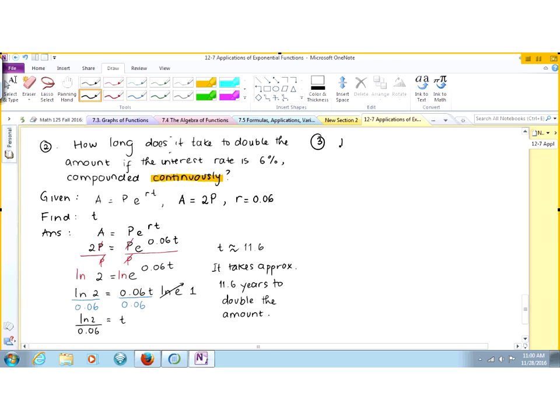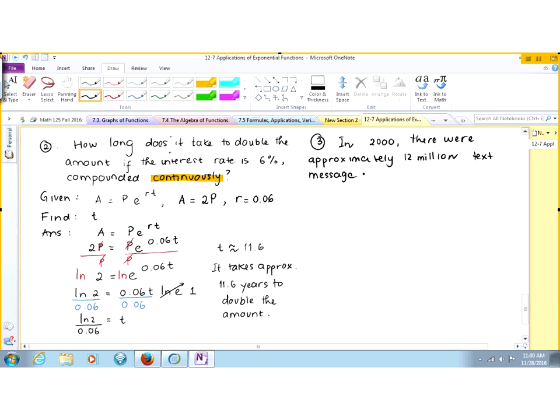So in 2000, this is 2000, a long time ago, there were approximately 12 million text messages sent each month. Oh, by the way, I have to write down the formula first.